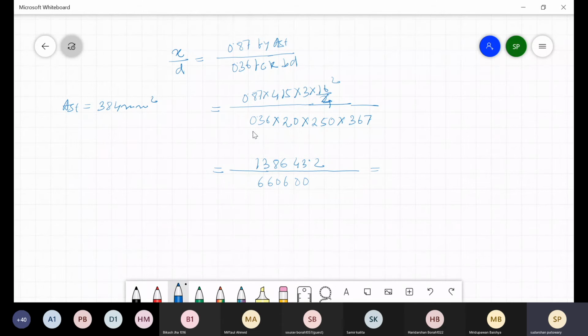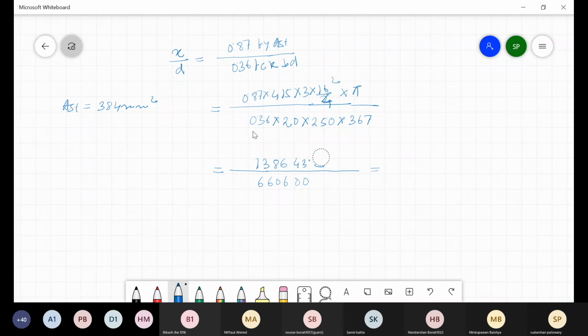This is 4. Sir, pi is also required. Yes, pi is required. 0.87 into 415 into 3 into 3.14 by 4.